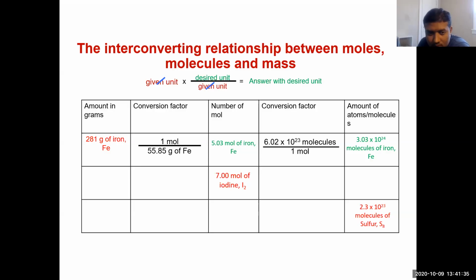That was close. Right? So let's focus on, if you start with moles, how do you go to the amount of grams and how do you go to the amount of molecules? Let's go left first. If you want to convert 7 moles of iodine, how do you do that?